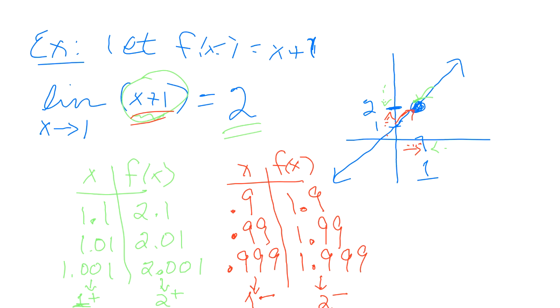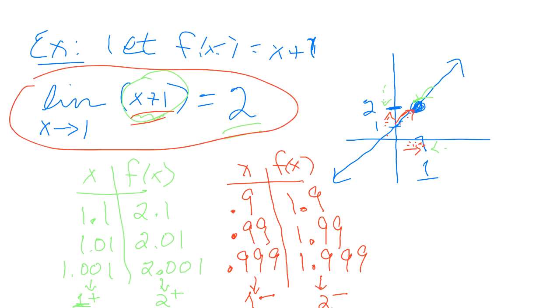So following the red, as x gets closer and closer to 1 from below, my height gets closer and closer to 2, also from below or from underneath. So that's ultimately what we're doing. Long story short, it's fairly evident that the limit as x approaches 1 of f of x equals x plus 1 does exist and equals a height of 2.